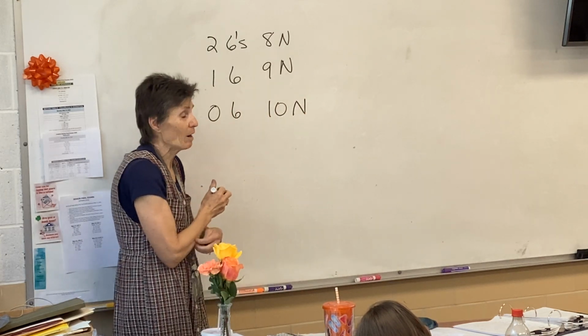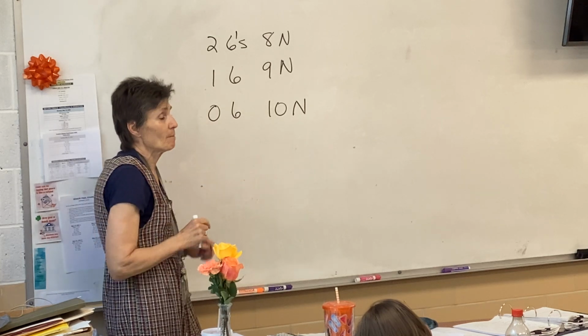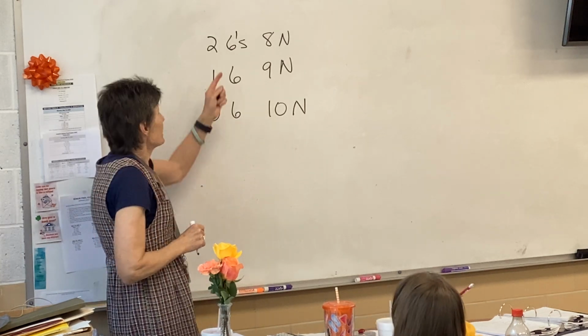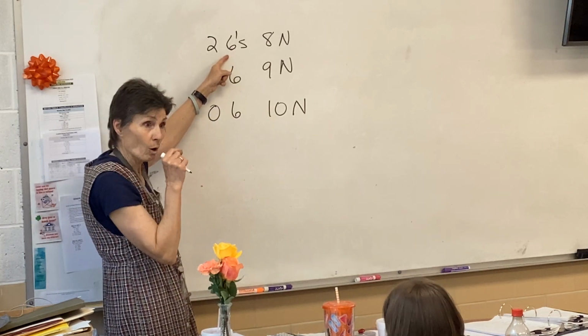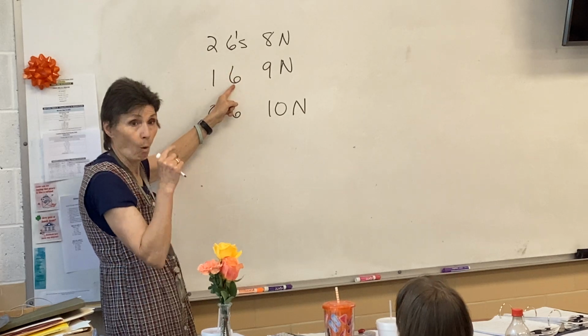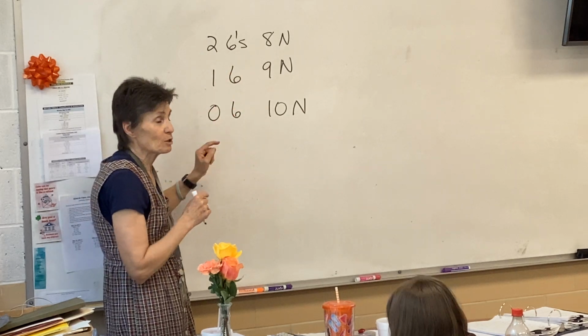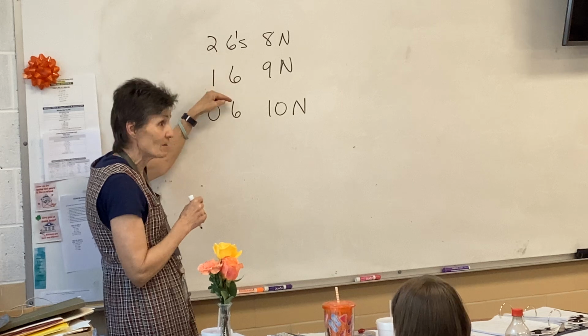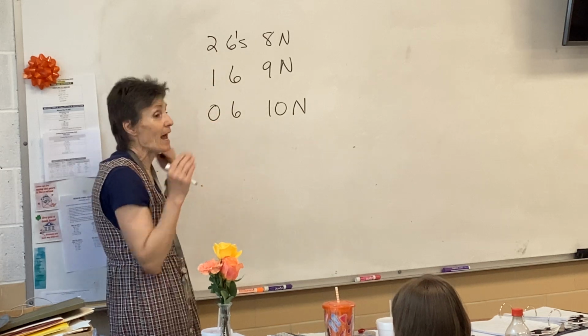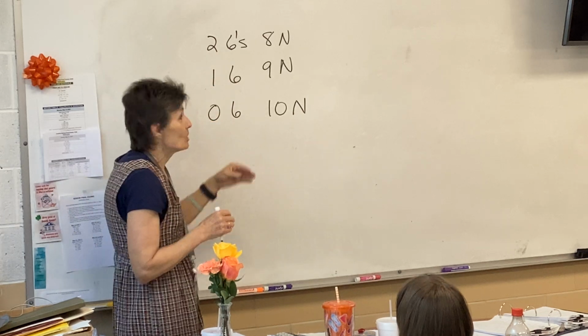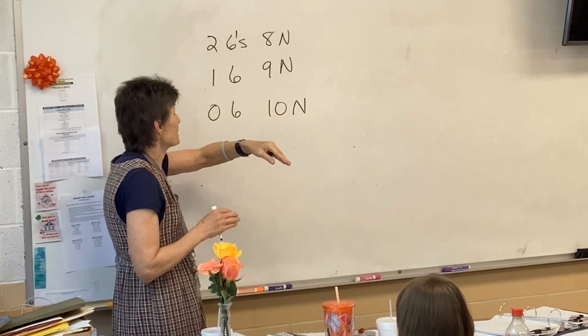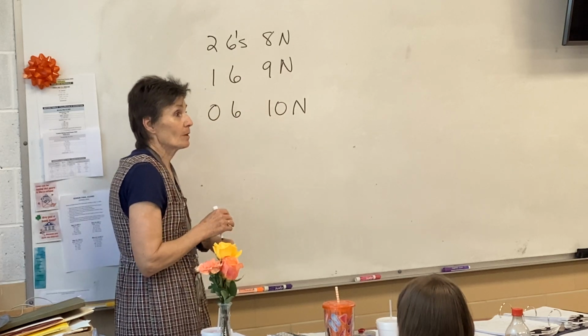Yeah. Now, I don't know if you were listening, some of you weren't. It could be this, or it could be this, or it could be this, which means I'm going to do 3 individual problems and then add them up. So let's do 2 6s, 8 nots.